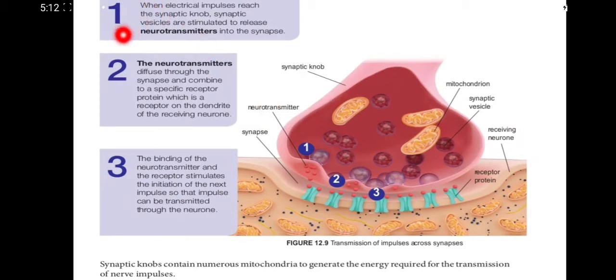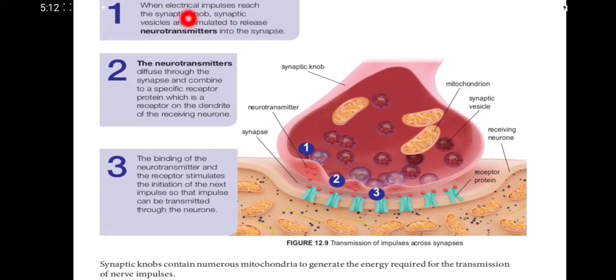So first sekali di sini, electrical impulses, tadi nerve impulses itu adalah electrical signal kan. So electrical impulses itu first dia akan reach the synaptic knob. So this is the synaptic knob. Di sini adalah receiving neuron. Di sini adalah synapse, gap di antara synaptic knob dengan the following neuron.